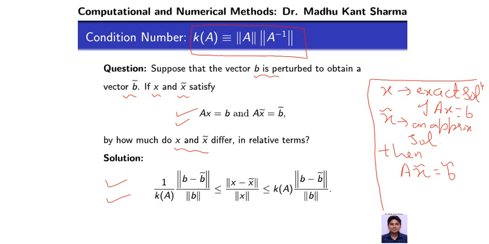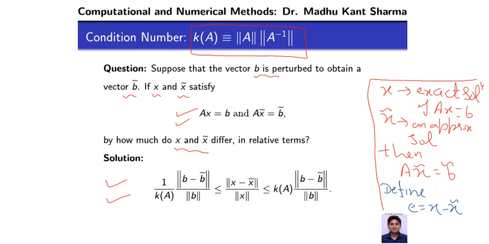So now we define some new terms here. One of the terms is the notation E, which is defined as X minus X tilde, the difference of the exact solution and the approximate solution.